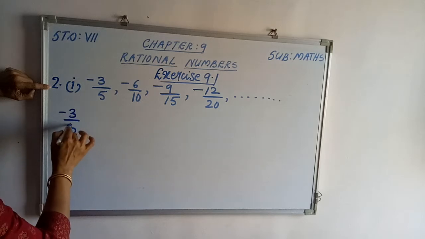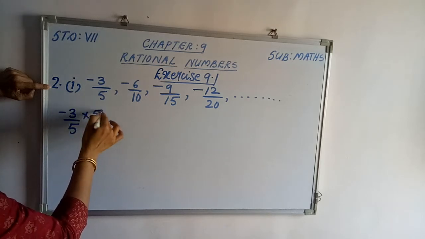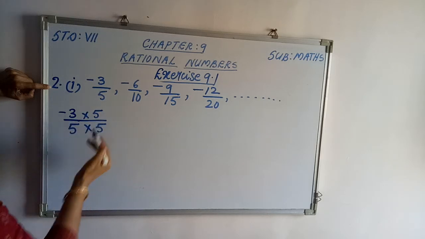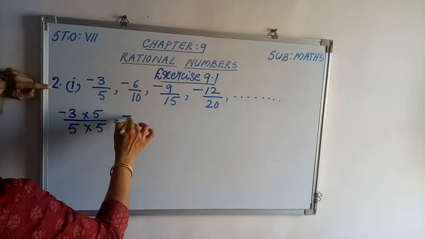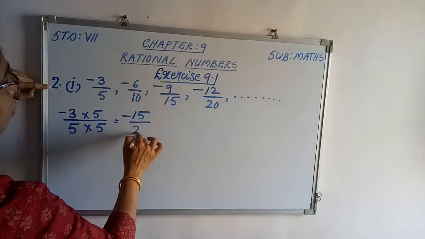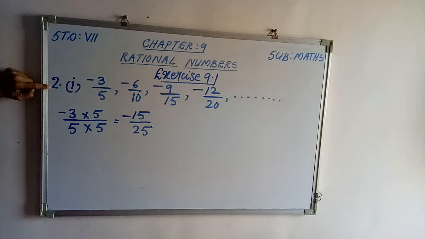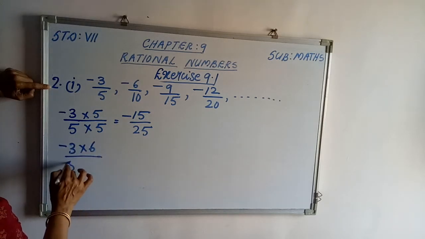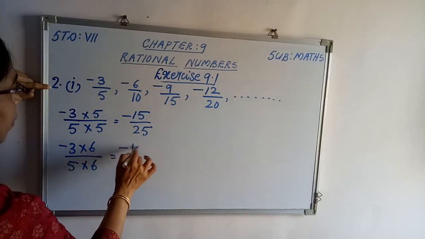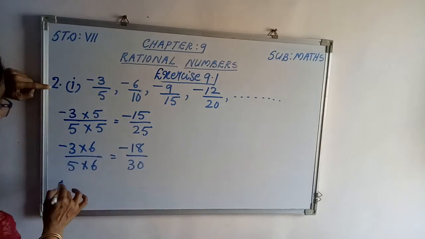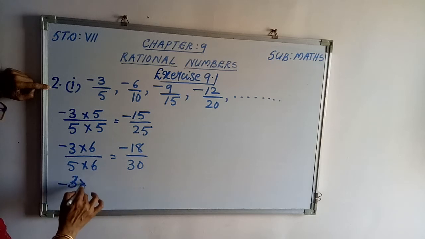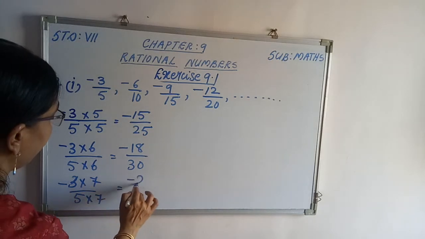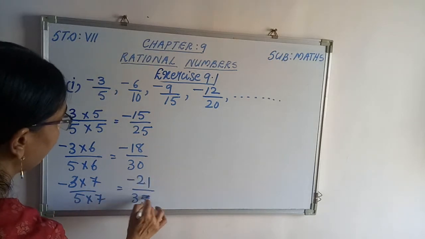Minus 3 upon 5 multiplied by 5. So, minus 3 multiplied by 5 and 5 multiplied by 5. So, we get minus 15 upon 25. Then the next one, minus 3 multiplied by 6 upon 5 multiplied by 6, minus 18 upon 30. Then minus 3 into 7, 5 into 7. We get minus 21 upon 35.